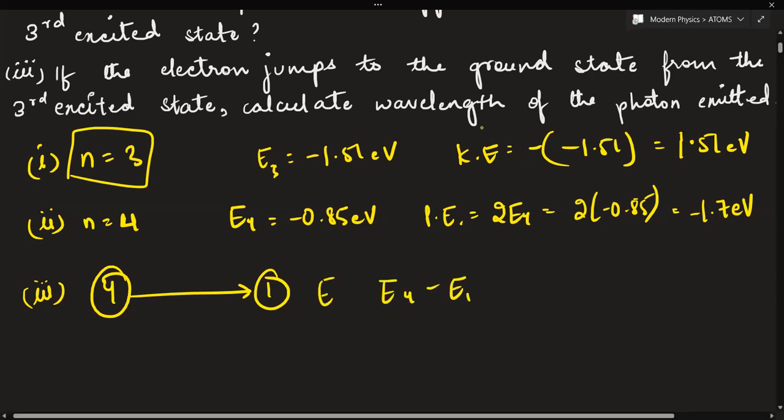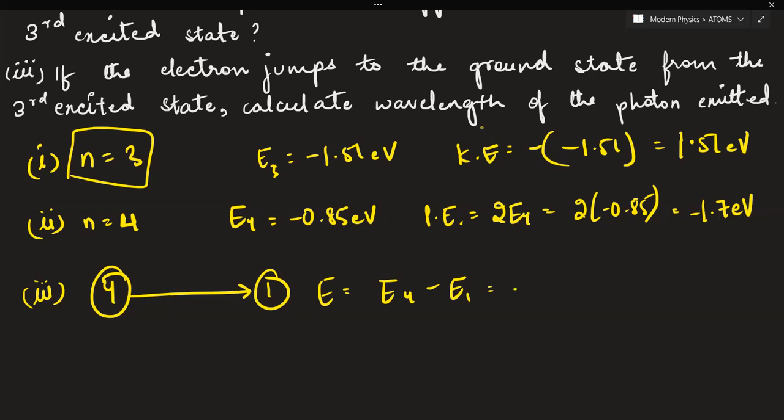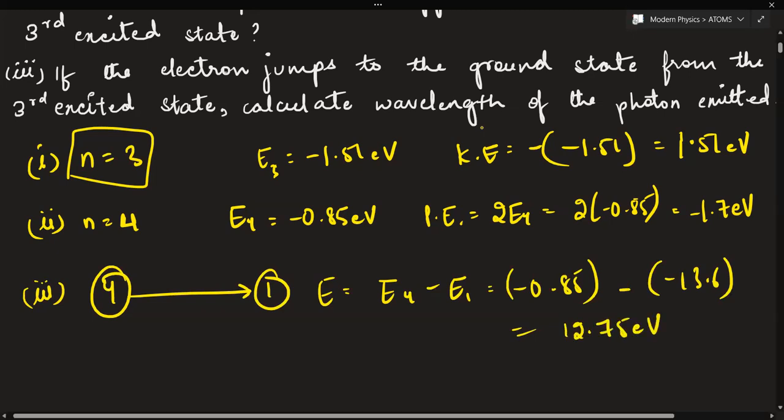Let me write this down. This will be minus 0.85 and E1 is minus 13.6. So both are getting subtracted. This will become plus 12.75 electron volt. We have to convert it into joules because wavelength will be in meters. For SI unit, we have to convert this also into the SI unit of energy.